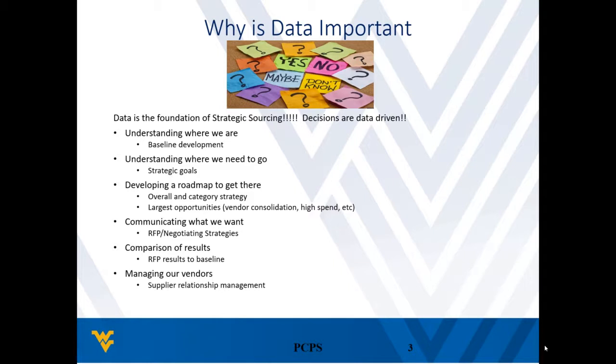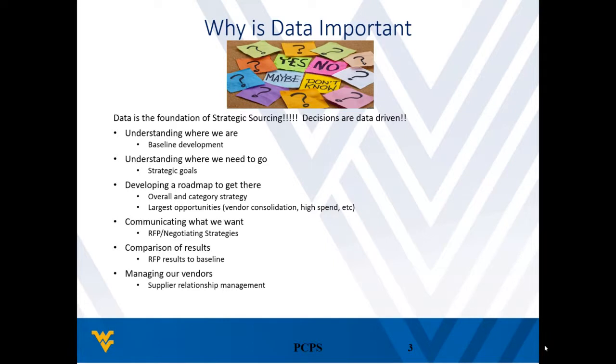We need to compare results, right? We need to compare results in such a way that it's apples to apples, so we can make a knowledgeable decision. And lastly, it helps us manage our vendors, right? So to scorecard our larger, more partner type vendors, we like to be able to tell them how they're doing, and what they can do better to help us.